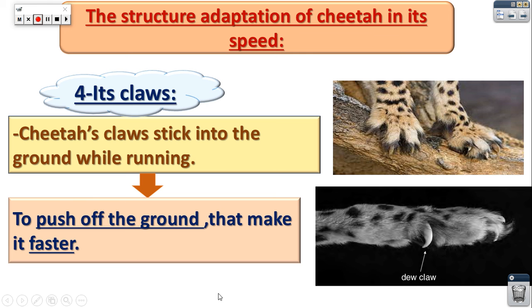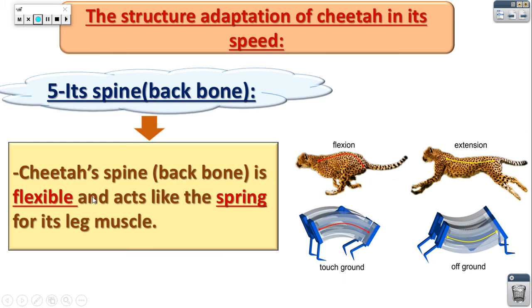Number 4, the claws. That's the claw of the cheetah. The cheetah sticks its claws into the ground to push off the ground and increase its speed, so it goes faster.